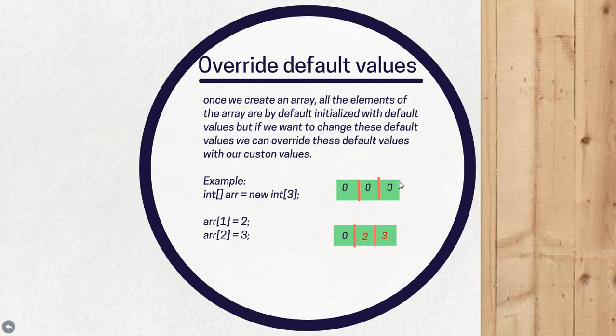What will the default values present in them? 0 0 0. If I change it like this, array at index 1 is equal to 2 and array at index 2 is equal to 3, then in place of 0 we have 2, and in place of 0 we have 3 here. But we didn't change this index, so it is 0 at this point of time also. So we just saw how we can override this value.